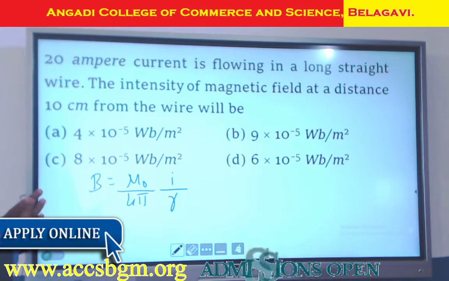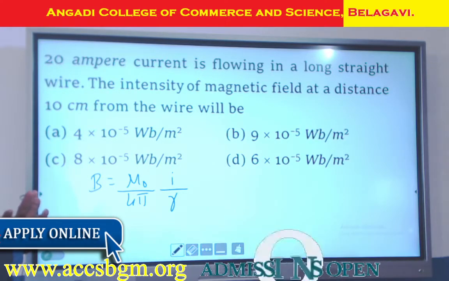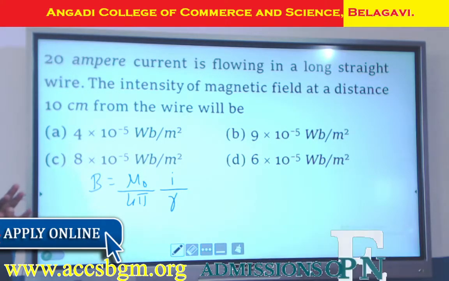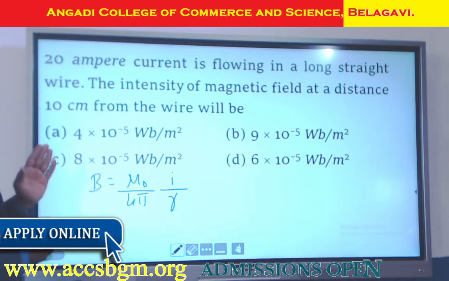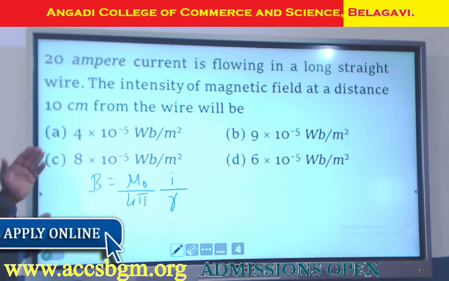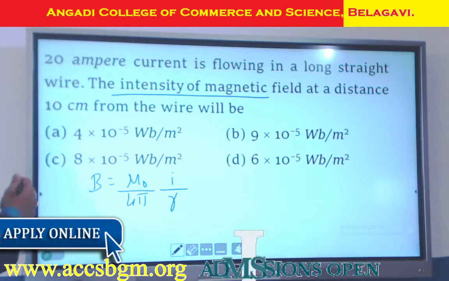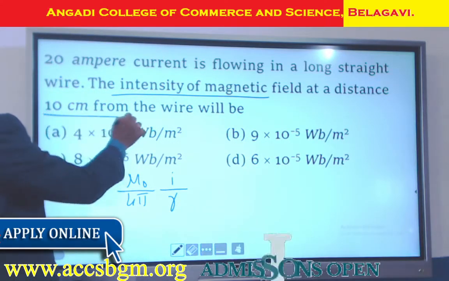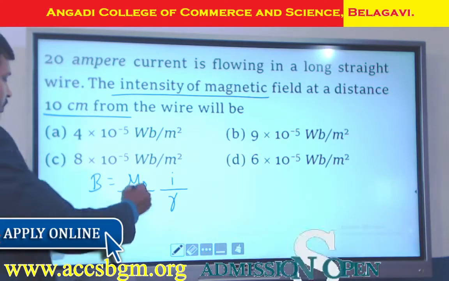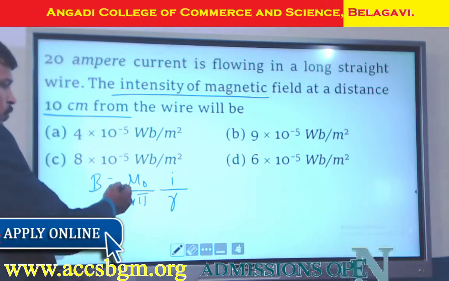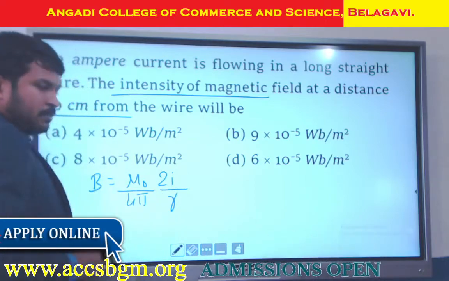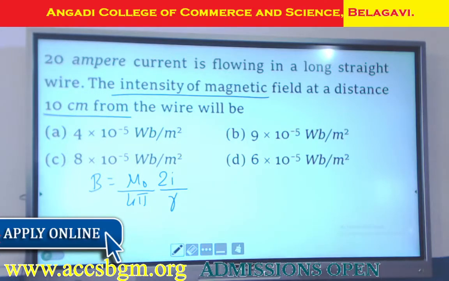Okay, what is given? 20 ampere current flows in a long straight wire, and they are asking to calculate the intensity of magnetic field at a distance 10 centimeter. Then again, what is the distance here? 10 centimeter. Okay, this is mu naught divided by 4 pi, into 2I divided by r. That is the formula.